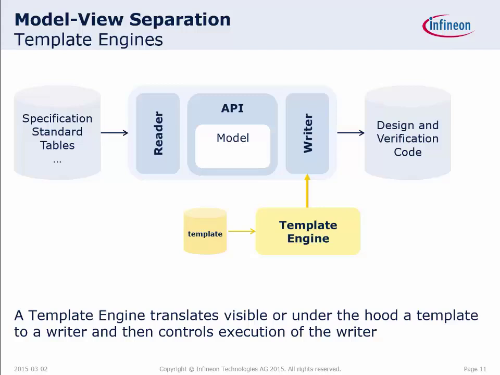But they told us it's very clean, very nice, we like it, but if my boss tells me in two weeks I need VHDL code ready, then I cannot spend two weeks programming nice APIs and setting up a nice framework. And then we started thinking about what we could do about this.